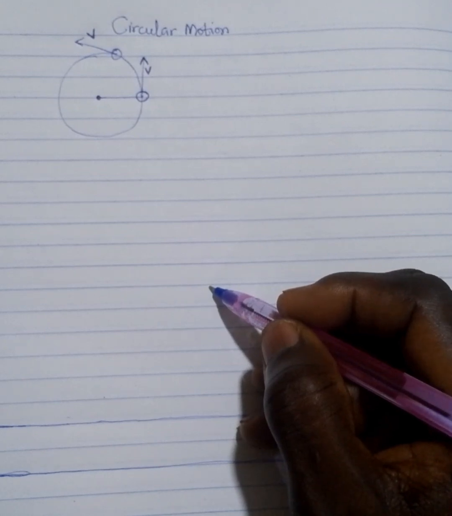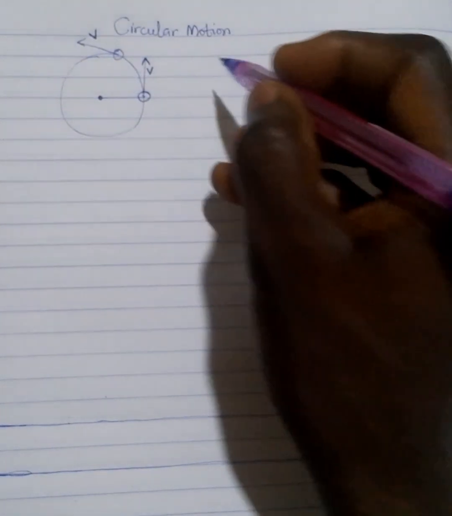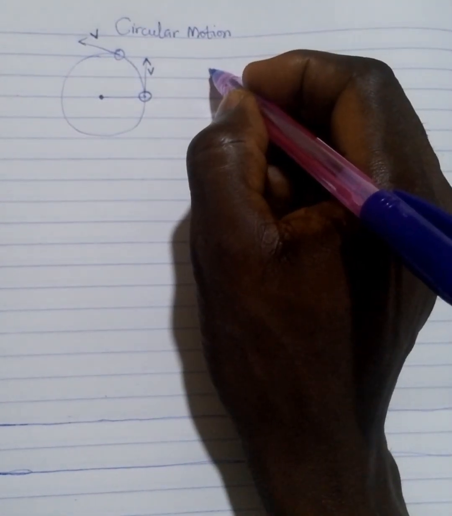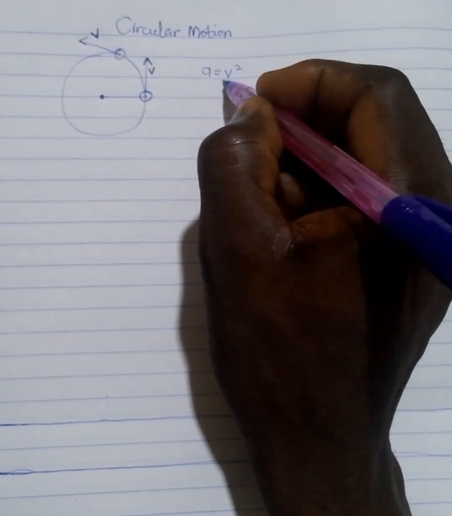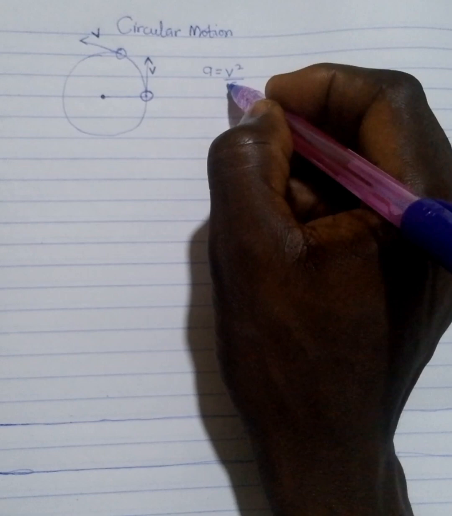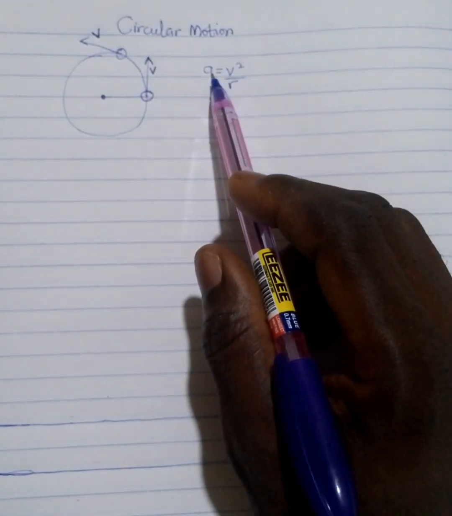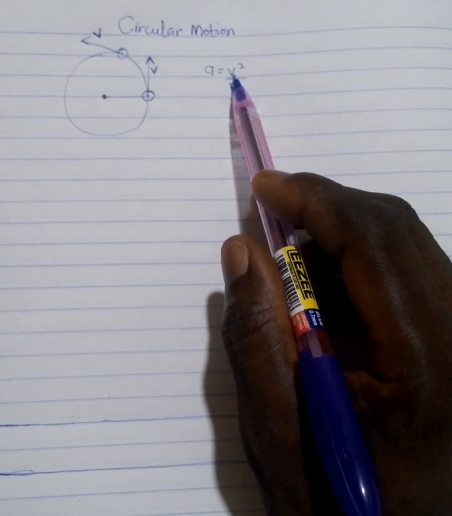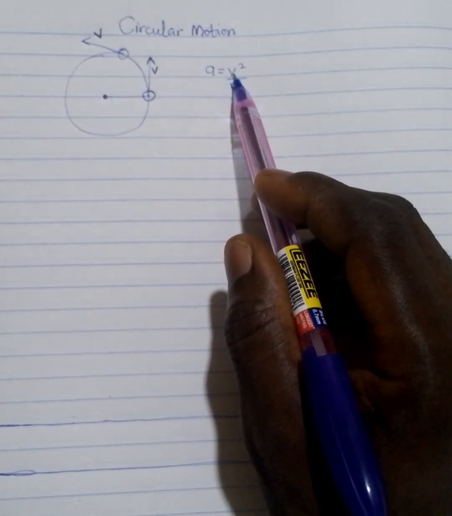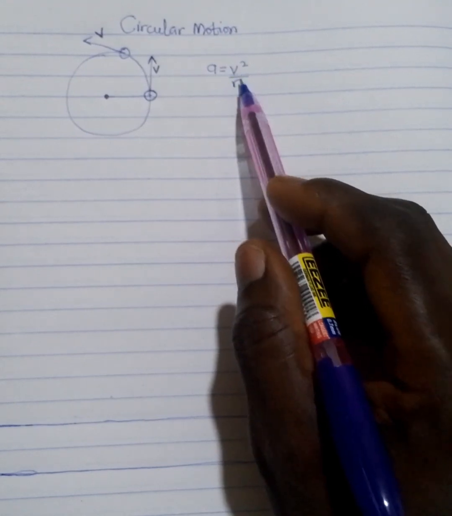Now, the acceleration of the stone is given by a equals v squared divided by r. Our acceleration is equal to v squared, that is the velocity squared, divided by r.